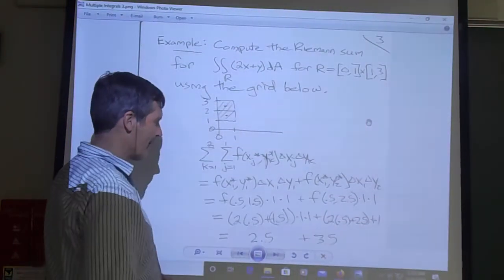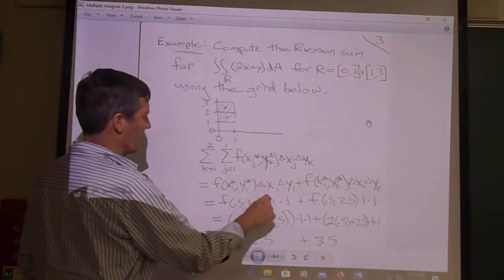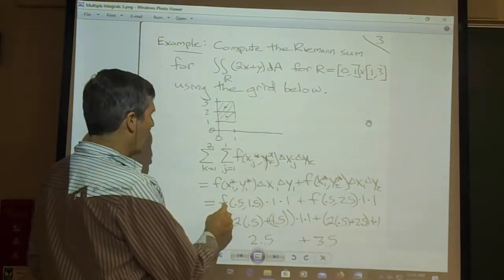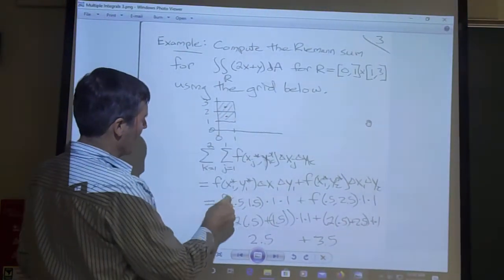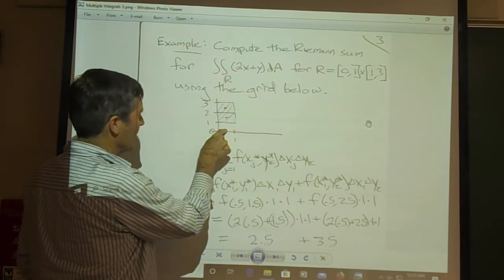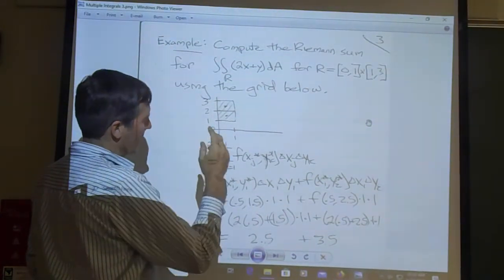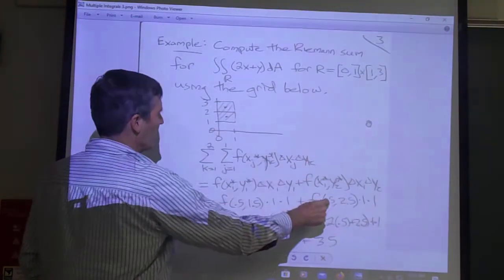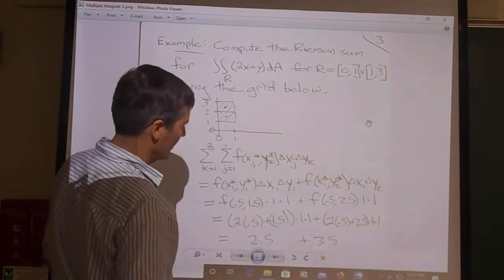This summation notation means this. And now I decimate each interval with 1, so I replace delta x and delta y with 1 each, and add those up, and then the height, let's just take the midpoint of each, that's what those dots are for. So I'll take f at x equals 0.5, y equals 1.5 for the height of a rectangular parallelepiped over this region, and f at 0.5, 2.5 for the height over the second rectangular region.